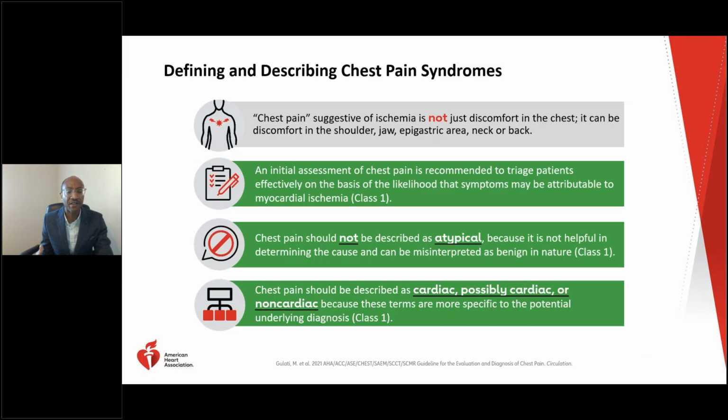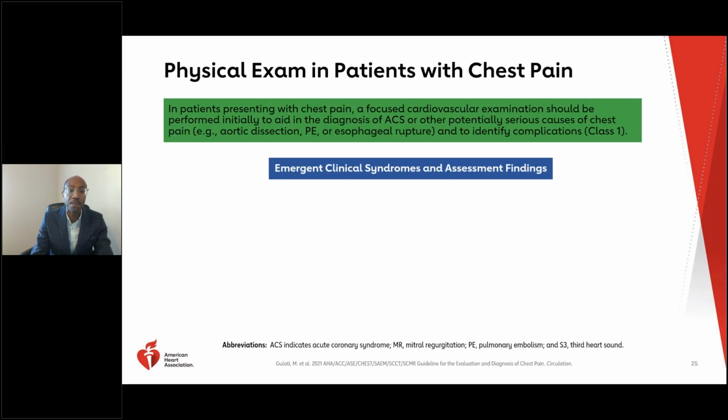And instead, really classifying these patients as having cardiac, possibly cardiac, or non-cardiac chest pain, so that we can be a little more specific to the potential underlying cause and more specific to the underlying evaluation that is to move forward as well.